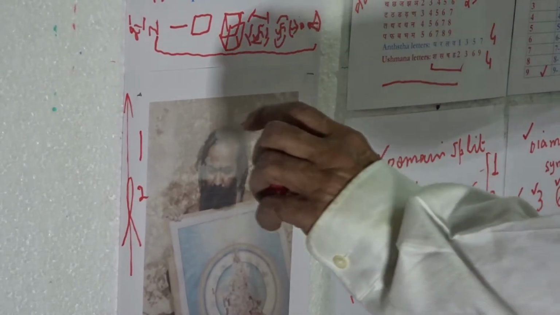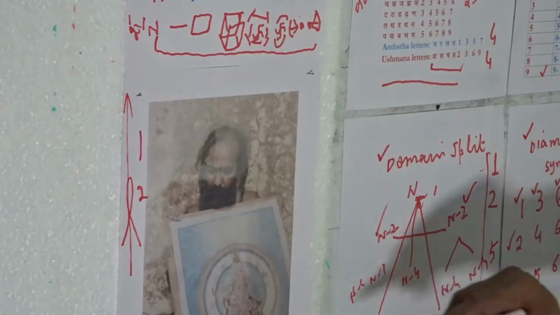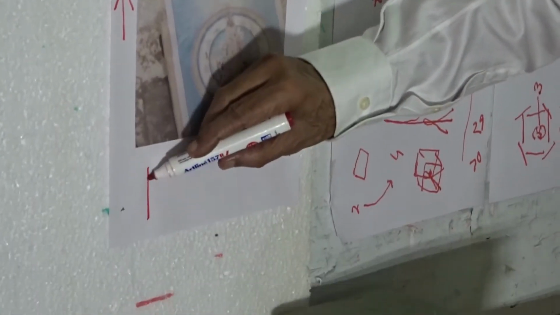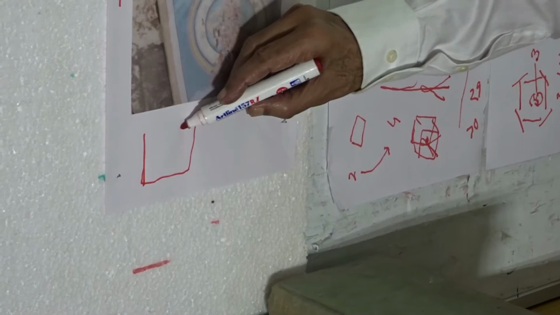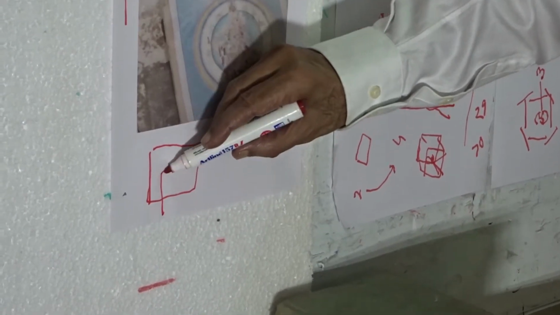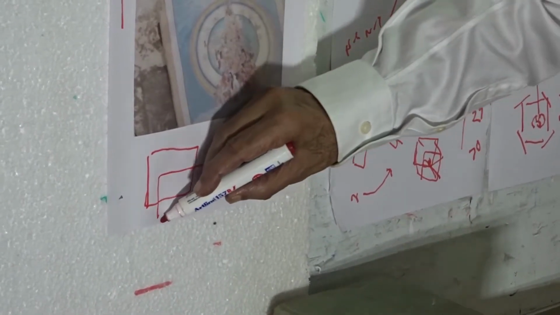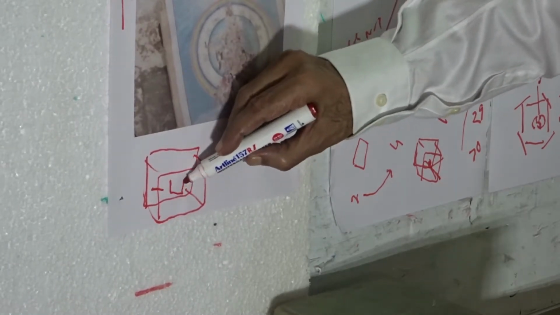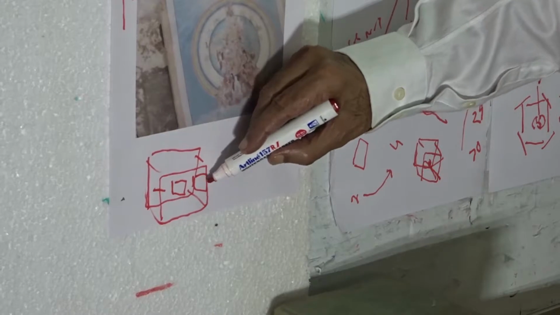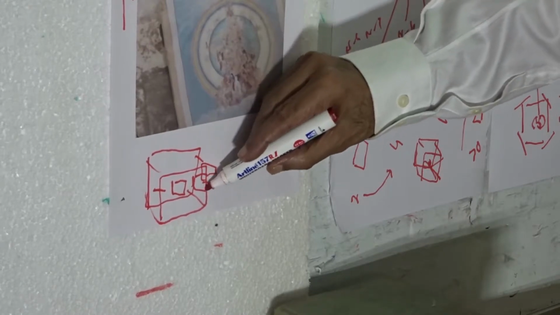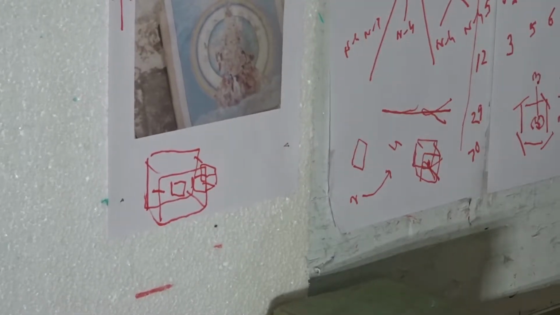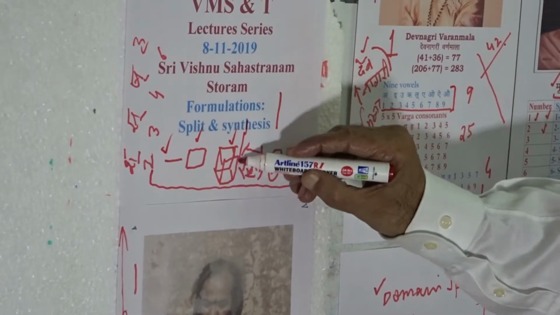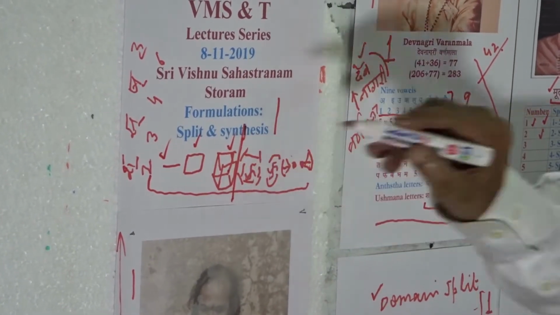Once this happens, then we know that within a cube we can have a simultaneous manifestation for the interval, square, and the cube. So all the triple formulations get manifested within the cube itself.